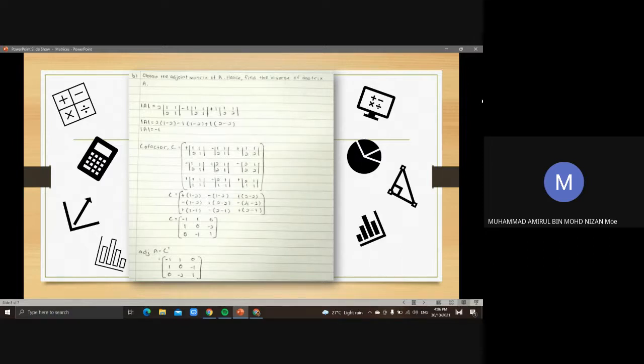For the next step, I find the cofactor by calculating the minors, and we get the cofactor matrix: -1, 1, 0, 1, 0, -2, 0, -1, 1.